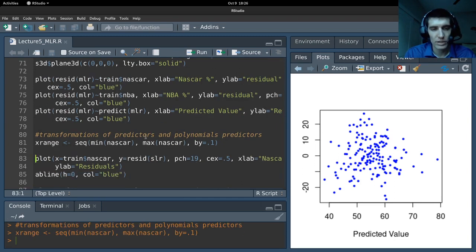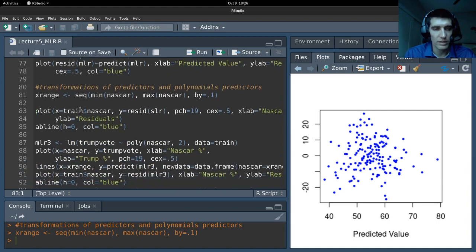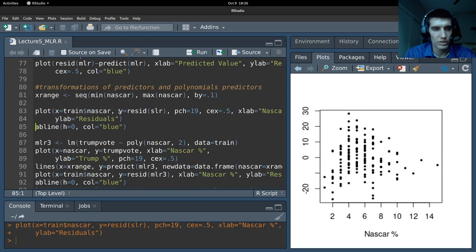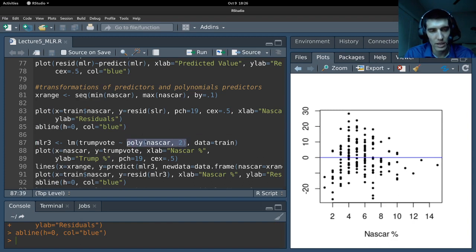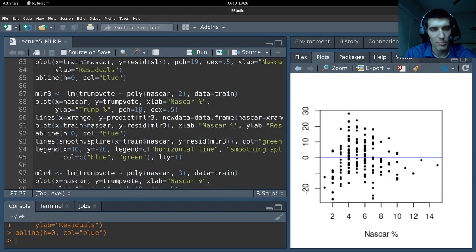To actually do the transformations, here's how I do it. This is more residuals, but here I'm going to make a second degree polynomial, okay? And then in order to make this plot here, I'm plotting a prediction of this polynomial model on the x range defined by NASCAR.